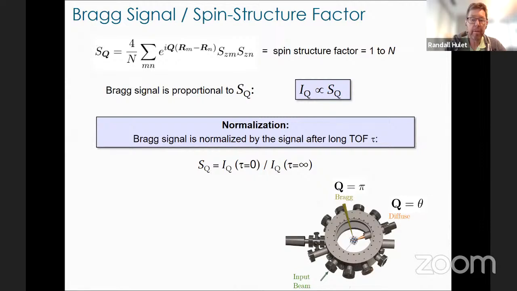I don't have anything to show that calculation, and I don't have a way of mathematically proving this to you right now. But it turns out that the Bragg scattering intensity is directly proportional to the spin structure factor. So the larger the spin structure factor is, the greater the intensity of the scattered light.